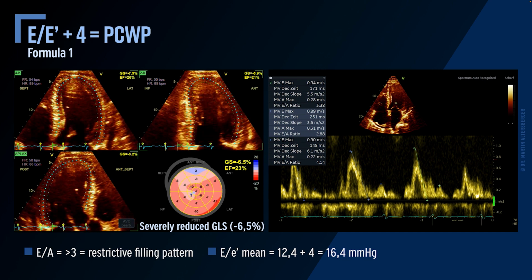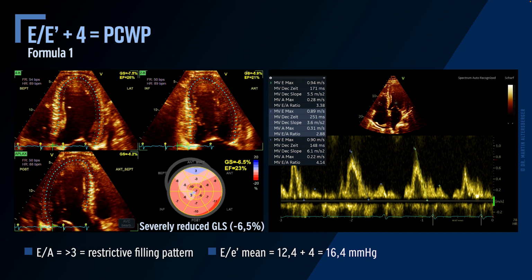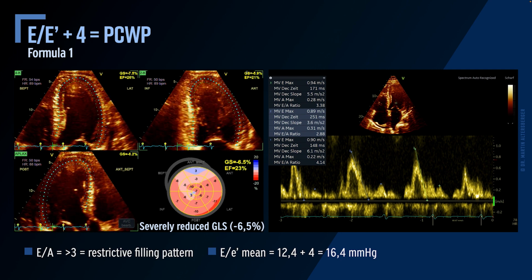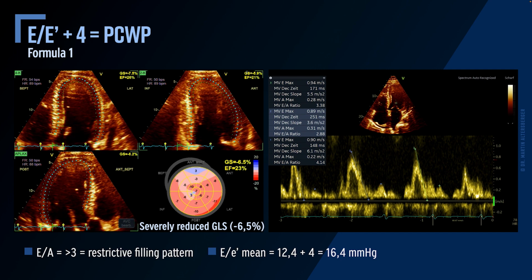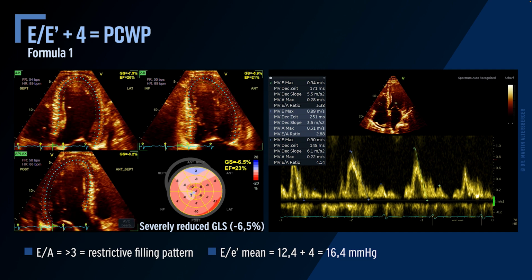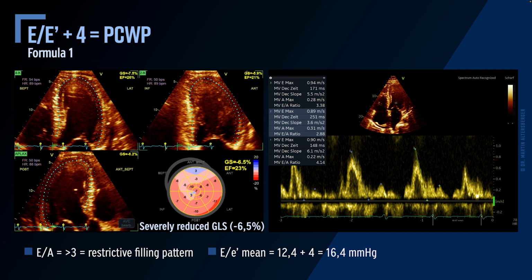An E to A ratio above 2 denotes automatically elevation in filling pressures.